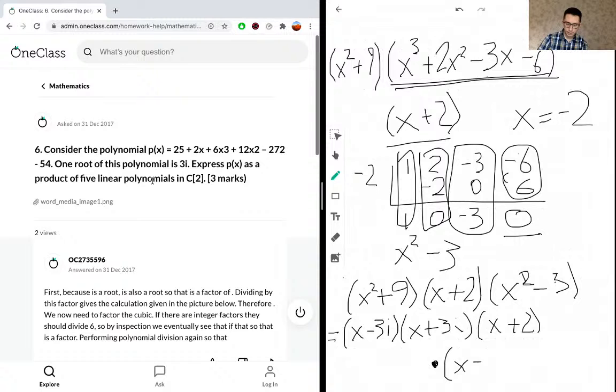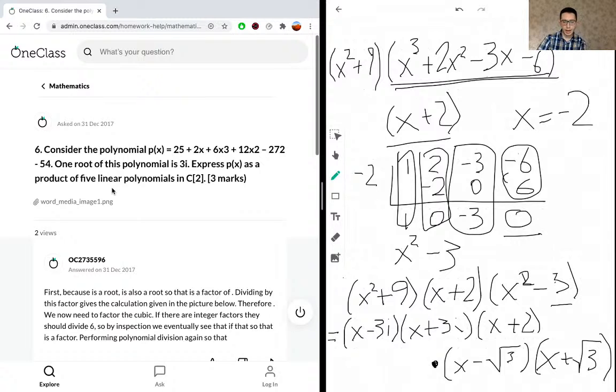Square root 3 squared is just 3, which is this value, and x squared is just x, so this is the equation for difference of squares. And then x plus square root 3. And that's the final equation for the solution. So we expressed the equation as a set of 5 linear polynomials.